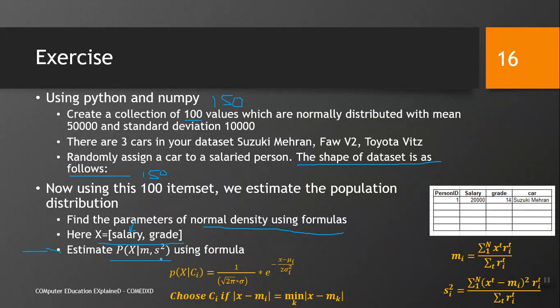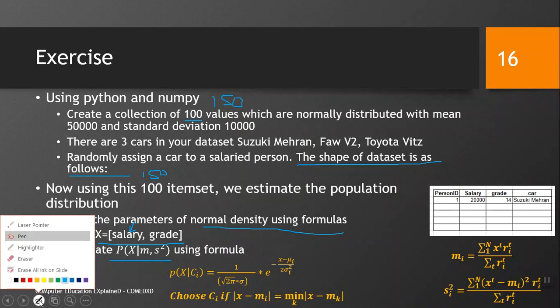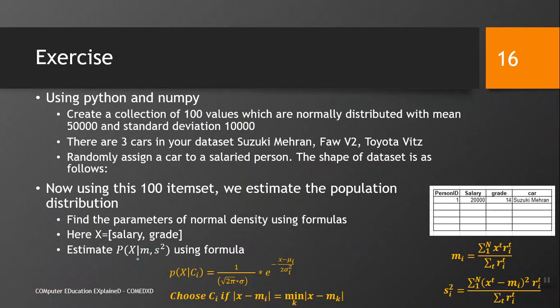not the posterior, right. So we will find m from the data set that we have generated, we will find s square, the variance of the sample from the data set we have generated, and by looking at that we will find the likelihood: if some x is given, and these parameters m and s are given, what is the probability of x, which consists of salary first and then salary and grade both?